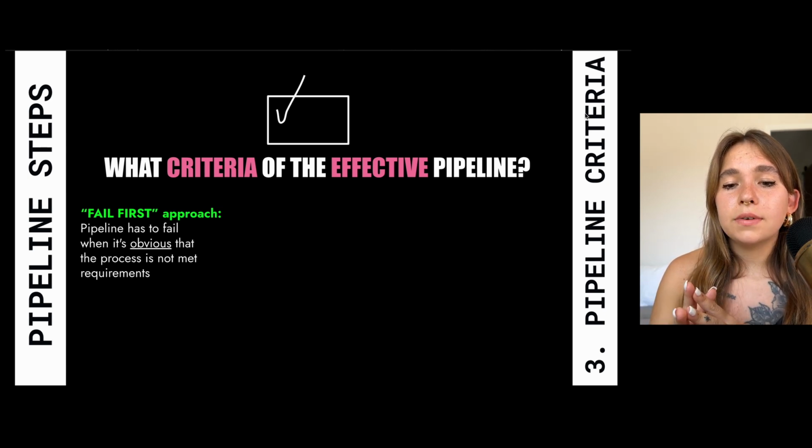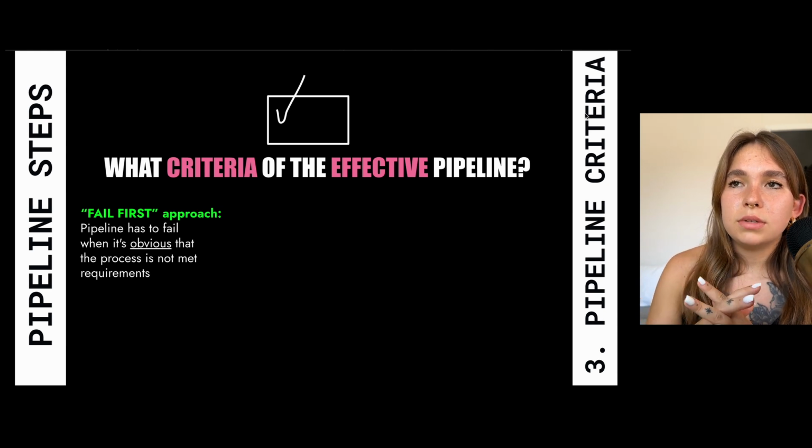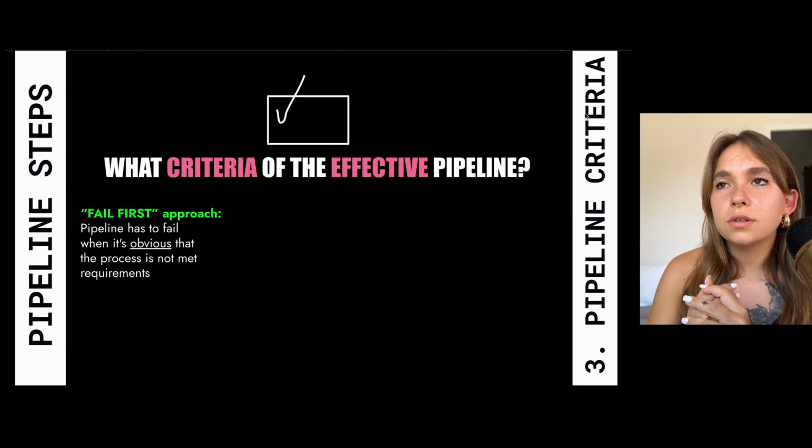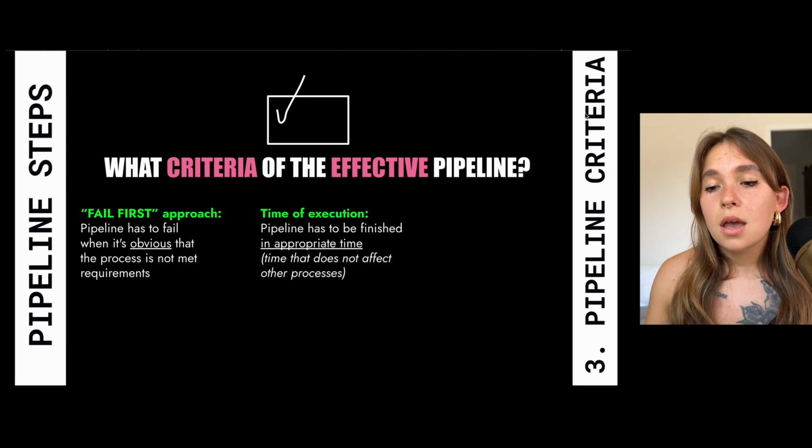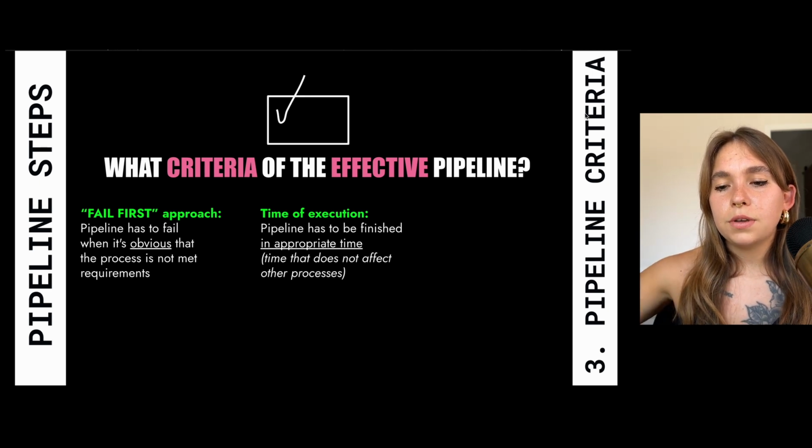The pipeline has to fail when it's obvious that the process does not meet requirements. For example, if your code cannot be compiled, there is no reason to start unit tests.